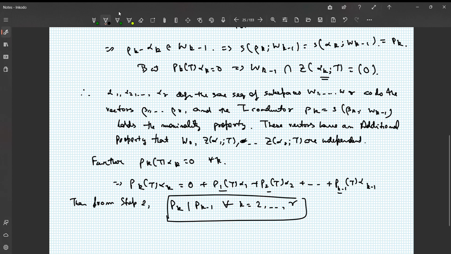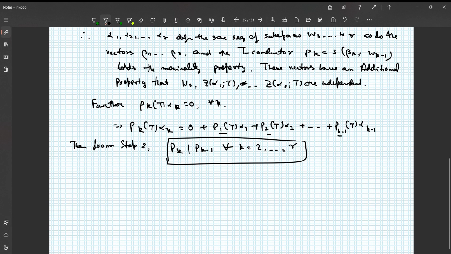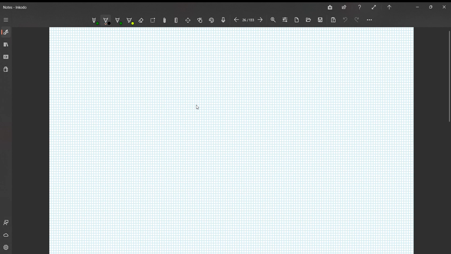So then from step 2, pk divides p(k minus 1), and so we have already got those vectors which satisfy statement 1 and statement 2 of the cyclic decomposition theorem. Now we have only one step left, which is step 4, which deals with the uniqueness of the integer r and these T annihilators, because pk is a T annihilator of alpha k for all k.